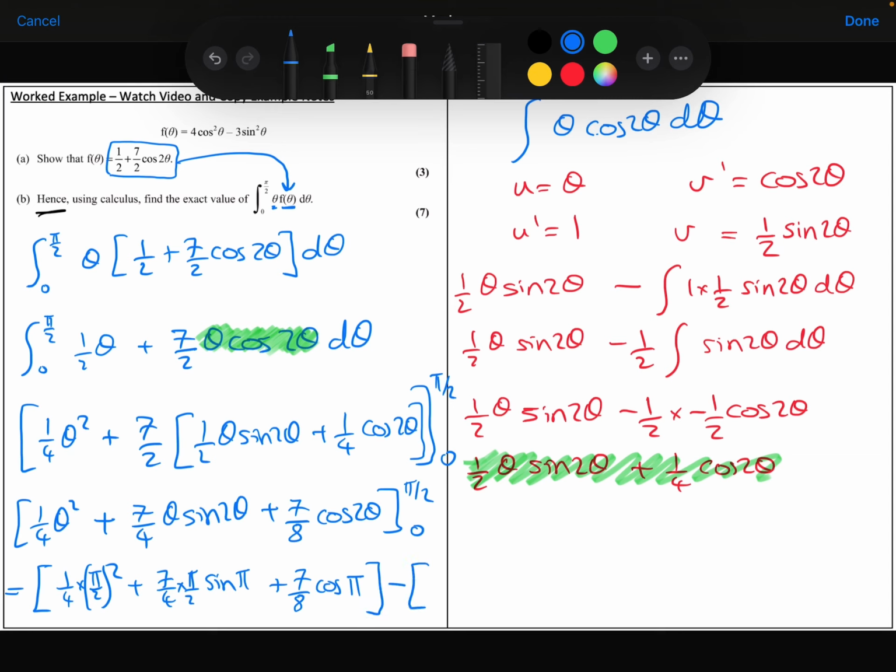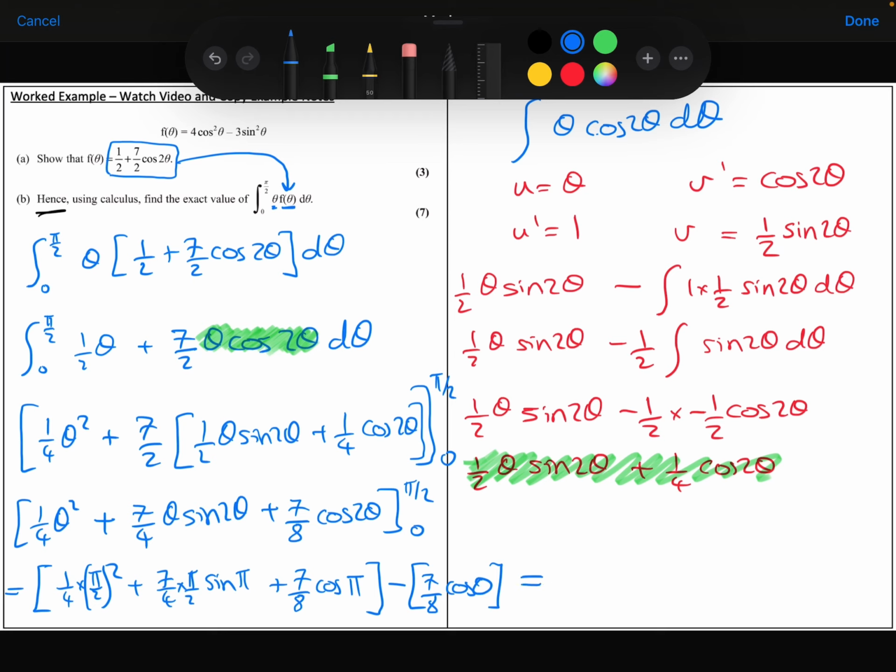So that's me substituting the pi/2 in. Now I'll substitute the 0 in. So 1/4 times 0 squared will be 0. 7/4 times 0 will be 0. And 7/8 times cos 0. Now cos 0 is 1, so I need to include that.